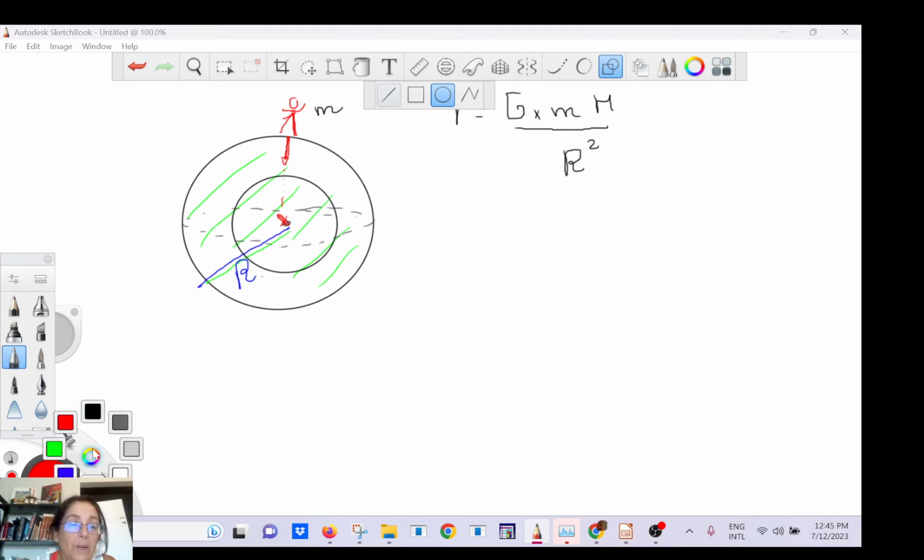There is no top and bottom, right? So it doesn't matter how I make my tunnel. Have a tunnel here. So that's supposed to be a tunnel.